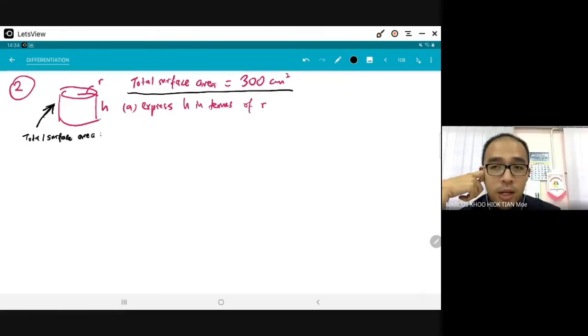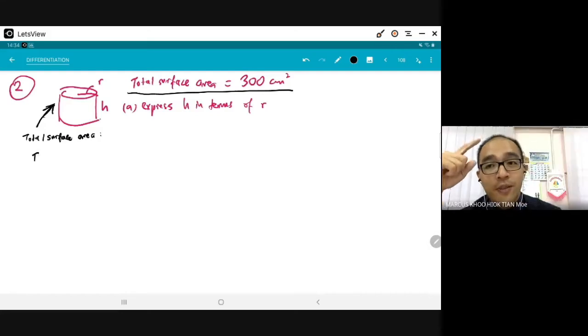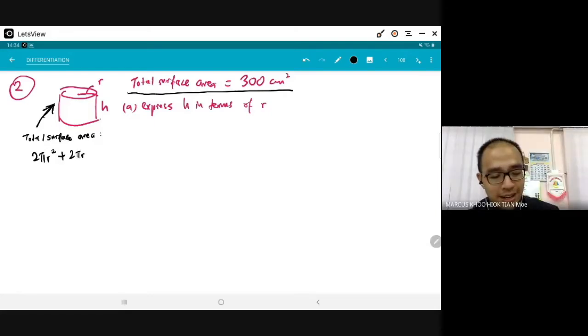Pi r squared is only the area of one circle, and pi r squared h is the volume. I don't want volume. It is 2 pi r squared plus 2 pi r h.